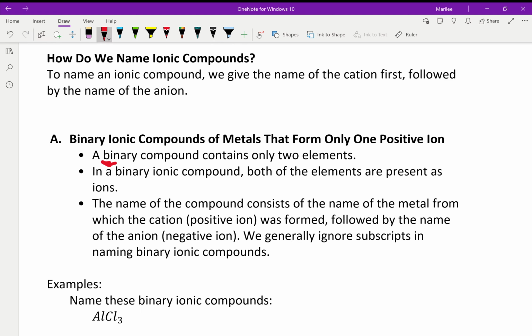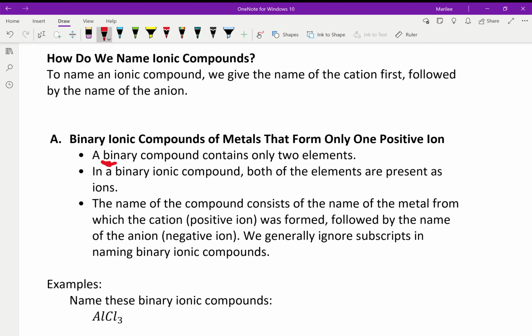In a binary ionic compound, both of the elements are present as ions. The name of the compound consists of the name of the metal from which the cation, which is a positively charged ion, was formed, followed by the name of the anion, which is the negatively charged ion. So we generally ignore subscripts in naming binary ionic compounds.